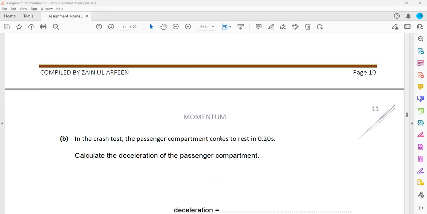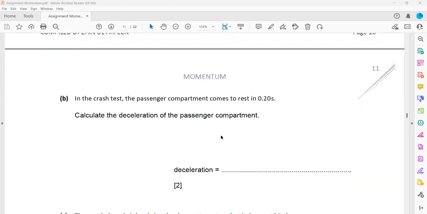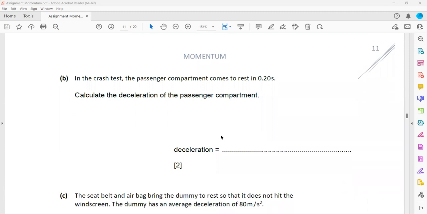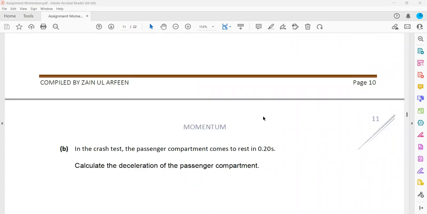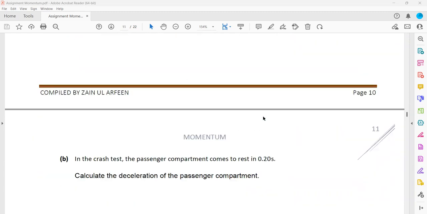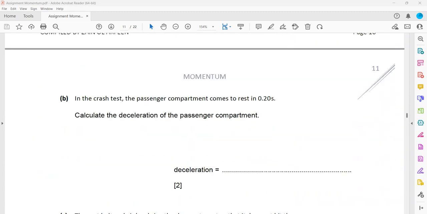In a crash, the passenger compartment comes to rest in 0.2 seconds. Calculate the deceleration of the passenger compartment. How can we work out the deceleration or acceleration? That is the change in velocity divided by time. So it's V minus U over T. Initially, the passenger compartment was moving with a speed of 20.